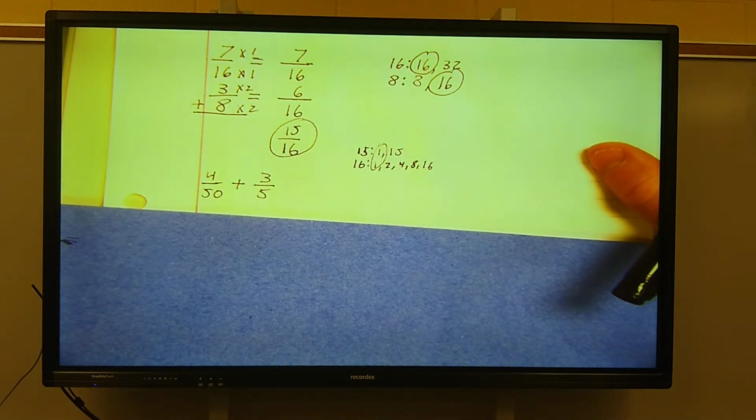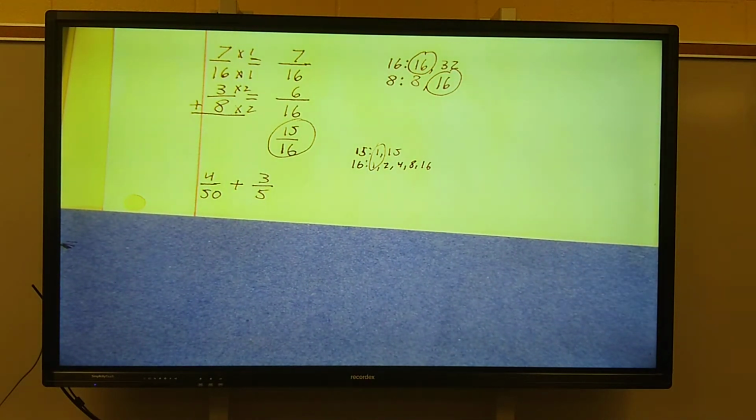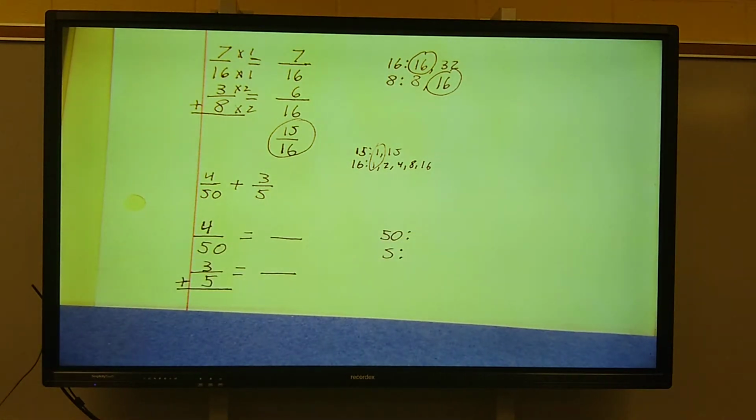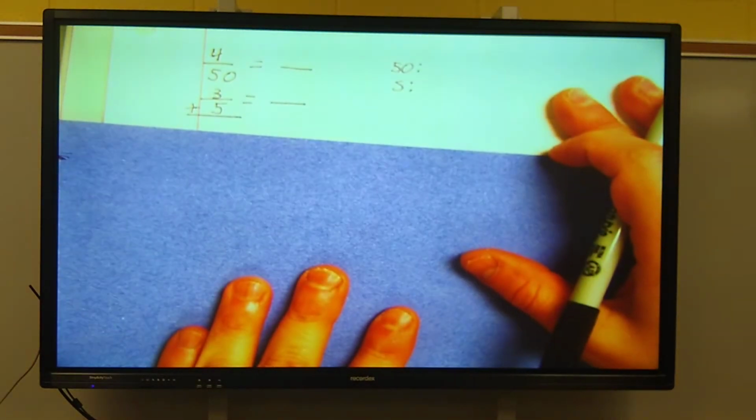You try the next one. 4/50 plus 3/5. Pause the video. All right, let's see how good you did. First thing you must do is you must line them up vertically.